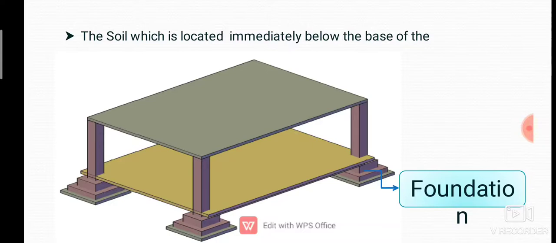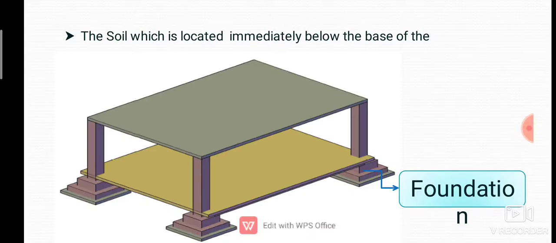Windows are openings generally in external walls which provide air and light inside the building. Doors are a kind of opening which allows entrance into the building and circulation through the different rooms. Then beams, columns, slabs: these are the components of a frame type building which form the frame of the building.